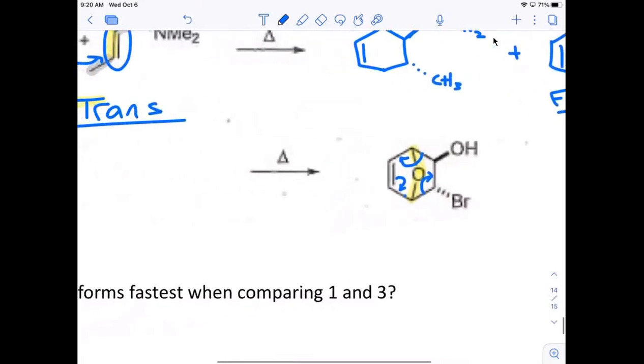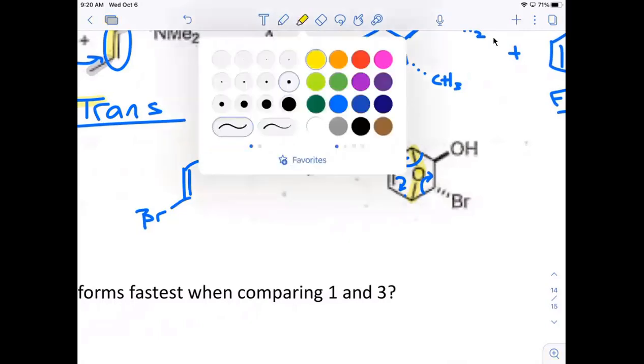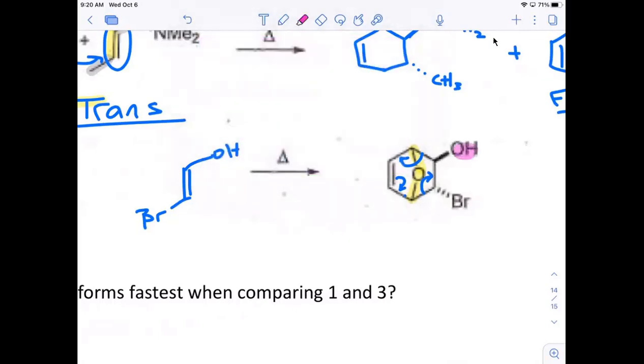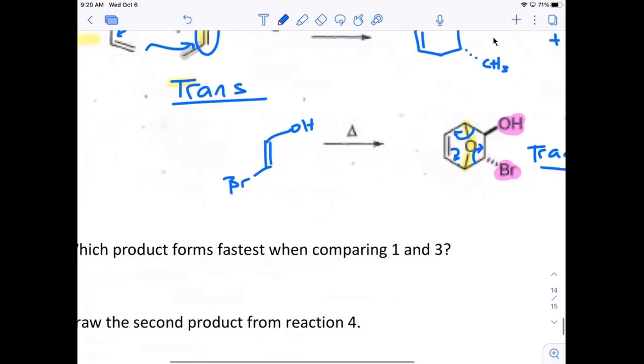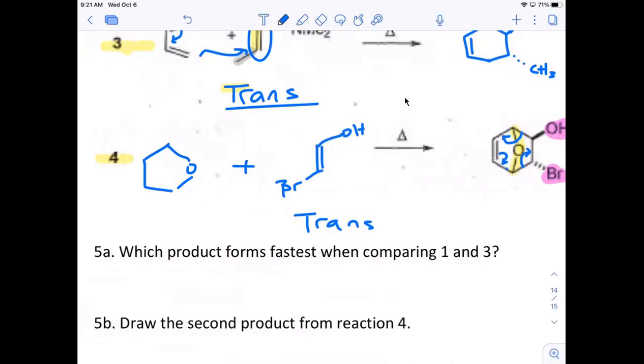So in the starting material, I have this. Right, it's trans because these groups over here are trans, and the reaction is stereospecific, so it's got to follow that. So those are trans. So over here, that dienophile has to be trans, right? For my diene, it looks like this.